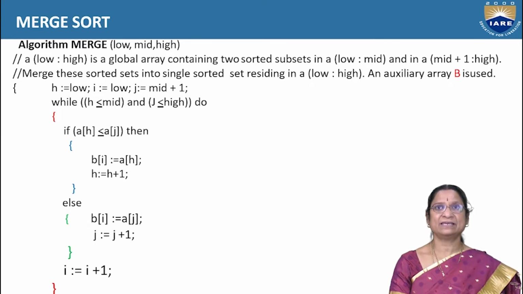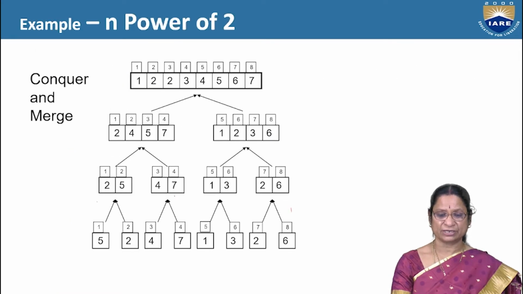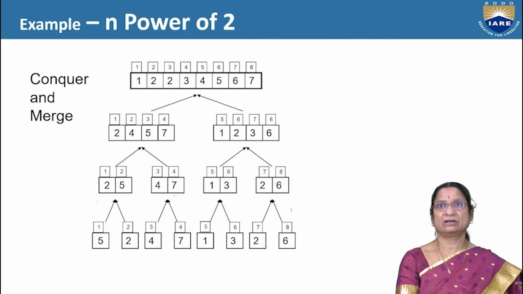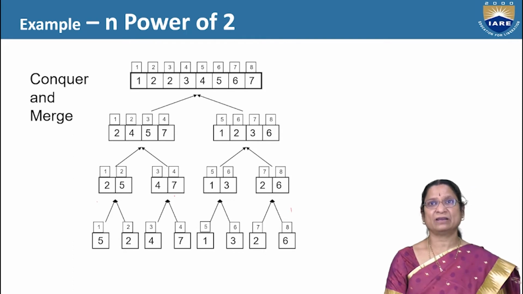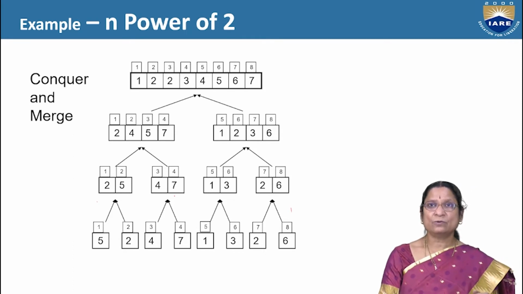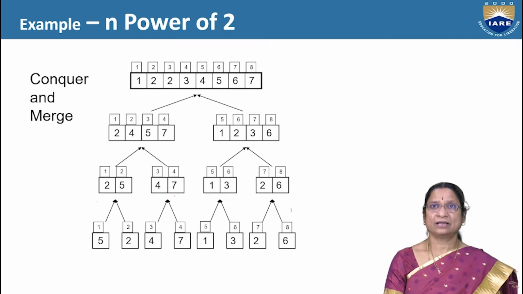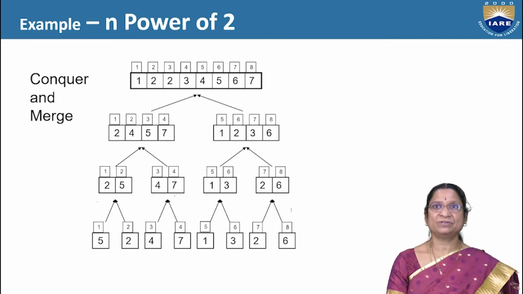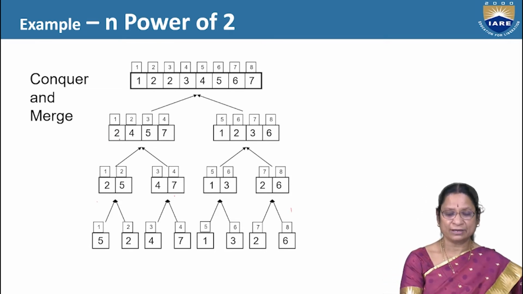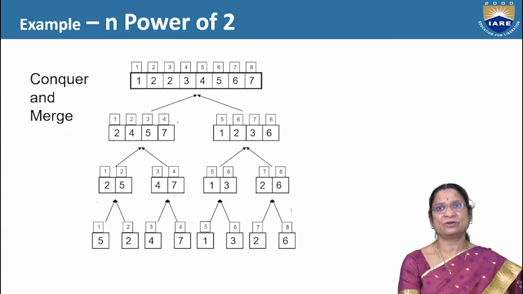Two arrays means, remember how these values are stored. The values are available in the same array. Only, two arrays means we have the lower bound and upper bound values of the two arrays. You observe, 1 is the lower bound and 4 is the upper bound of this sub-array. 5 is the lower bound and 8 is the upper bound.